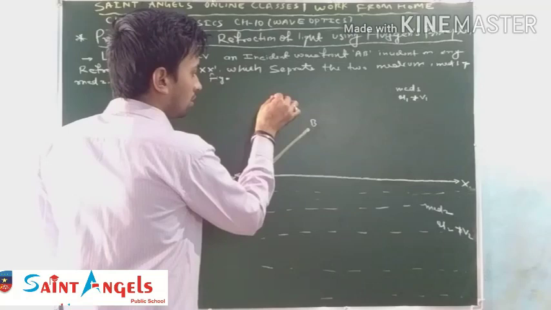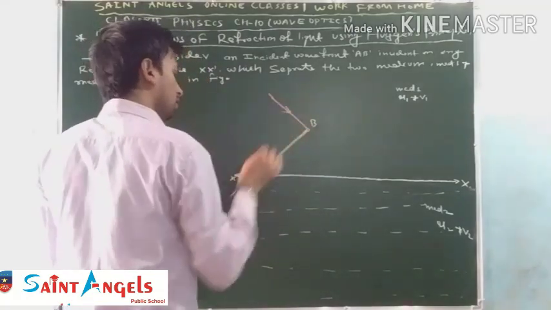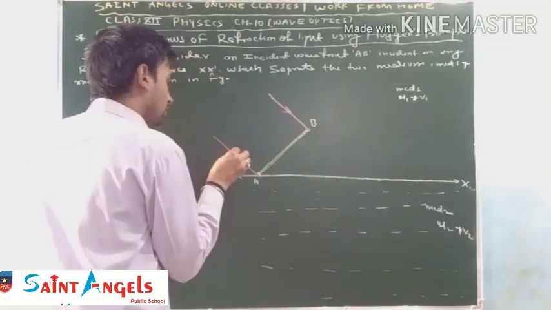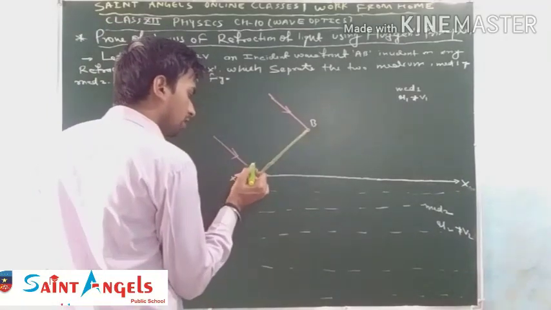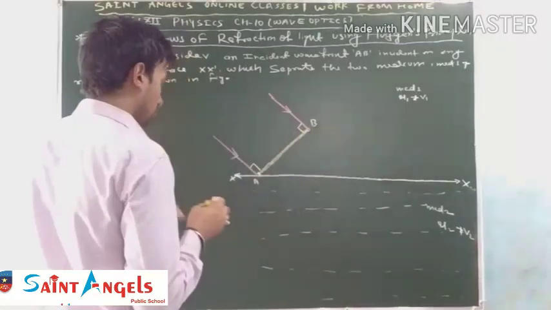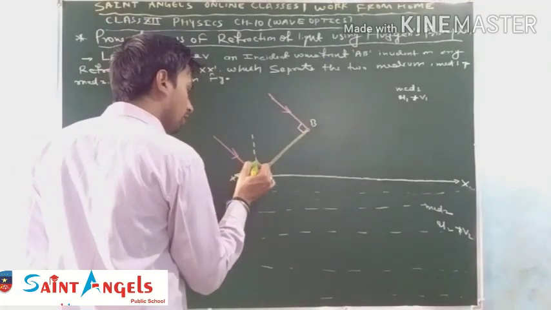So these are the incident rays, which are perpendicular to the incident wavefront, and we know that the normal is perpendicular to the surface.